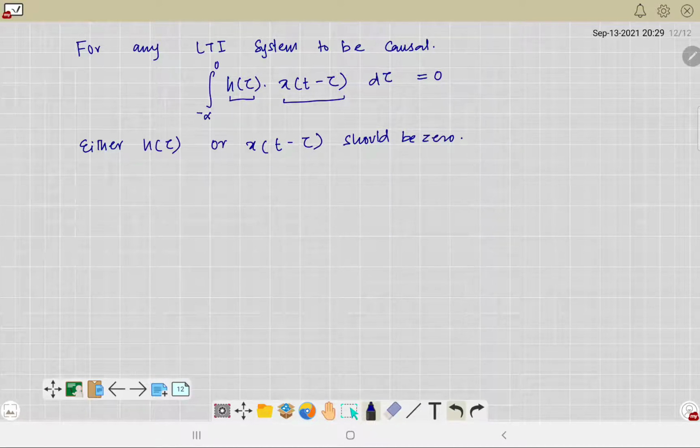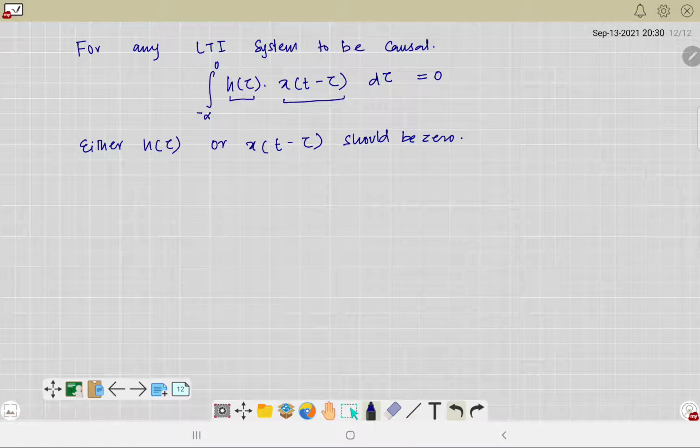Right? Now x of t minus tau is basically an input and it cannot be 0. In general, you can't generalize this because it doesn't make sense. If your input is 0, then you're not interested in the response. The system gives a response only when there is some applied input.